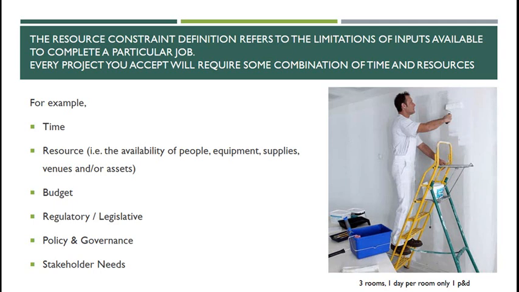Do you go back to the stakeholders and say, I'm sorry, it's going to take an extra 2 days? Or do you employ 2 additional painter and decorators? Or do you just agree to do 1 room and leave the other 2? Again, that's managing the stakeholders, managing their needs and ensuring that you do the best you can with what you've got available.